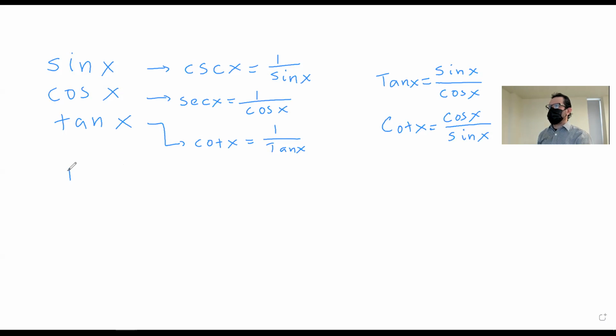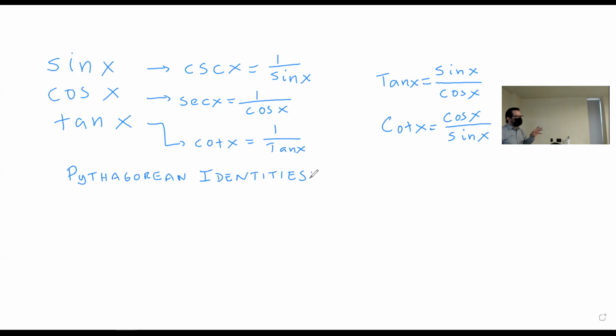And then we've got what are called the Pythagorean identities. These represent relationships between the trigonometric functions that have to do with the Pythagorean theorem.